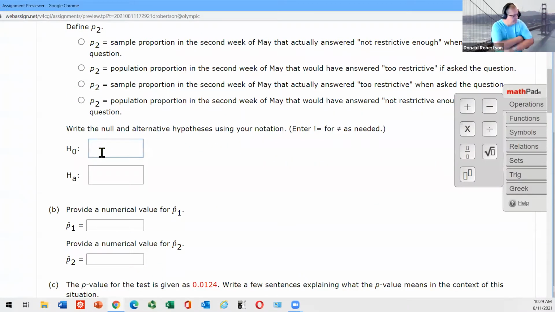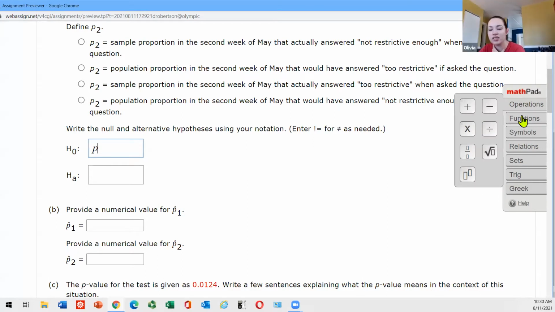Now, the null and alternate in this story. We're going to do P1 take away P2 equals 0 because it's always going to be that. So here's my P. Can you remember where that subscript was heading? Because I'm going to do P subscript 1. Where's it hiding?